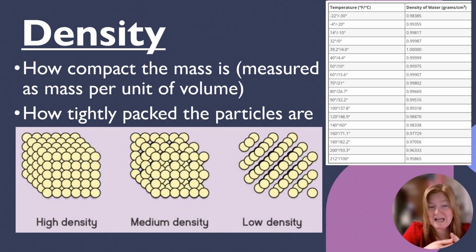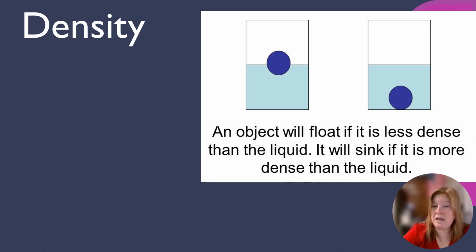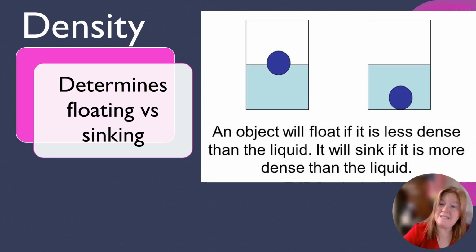So if you have a solid, you have high density. If you have a liquid, you have medium density. If you have a gas, you definitely have low density. An object is going to float if it is less dense, and it will sink if it is more dense. So density helps us to determine floating versus sinking.